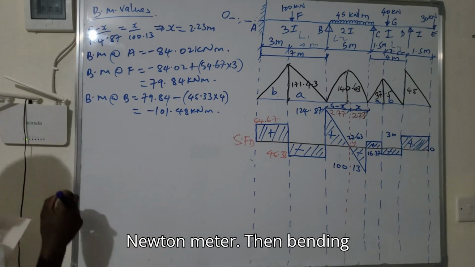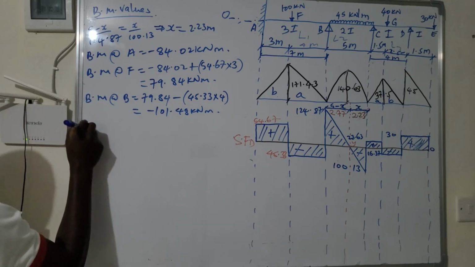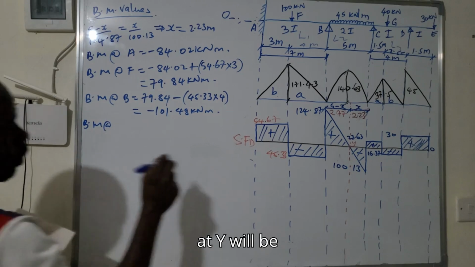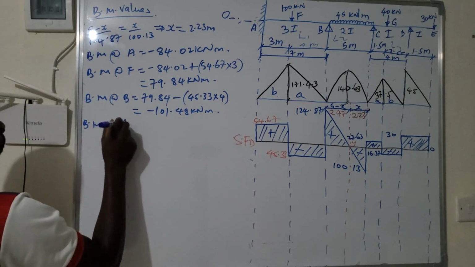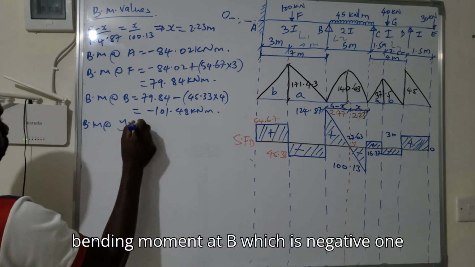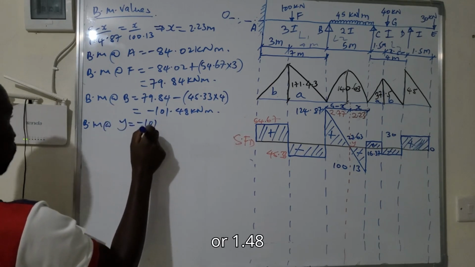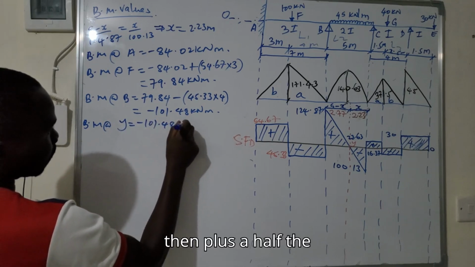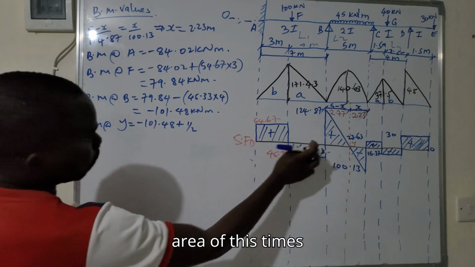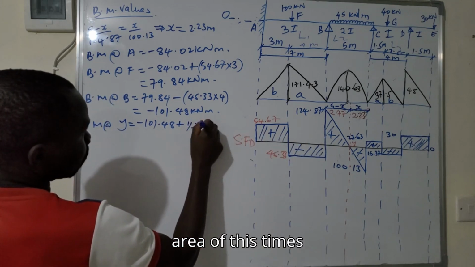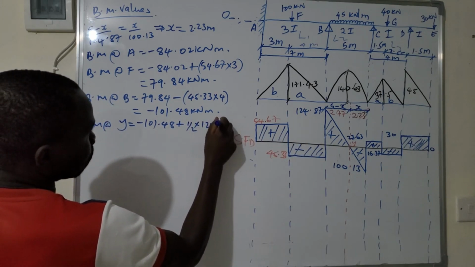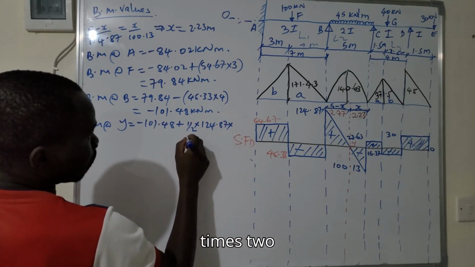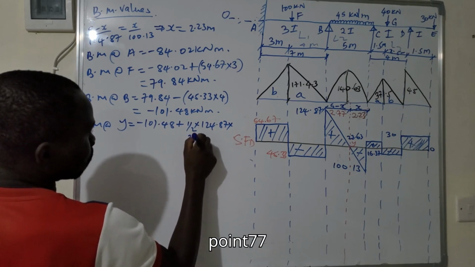kilonewton meter. And then bending moment at Y will be bending moment at B, which is negative 101.48, plus a half the area of this times 124.87 times 2.77.